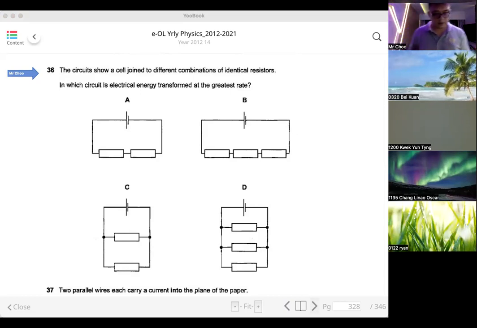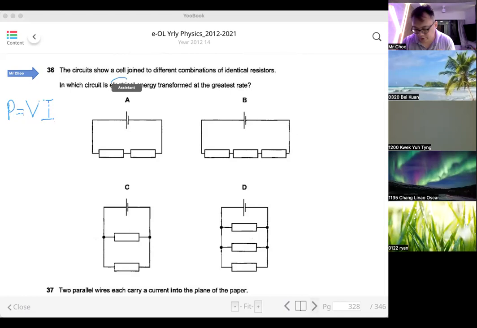Incorrect. Okay, basically for this question, you just need to know this formula. Another thing is this: electrical energy at the greatest rate. Electrical energy is E. Greatest rate is divided by T. So what is E over T?